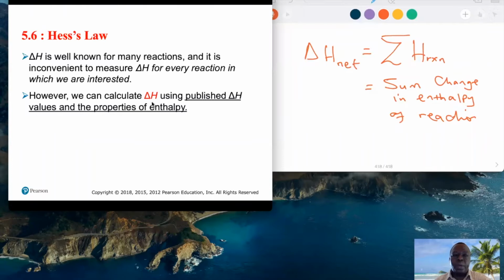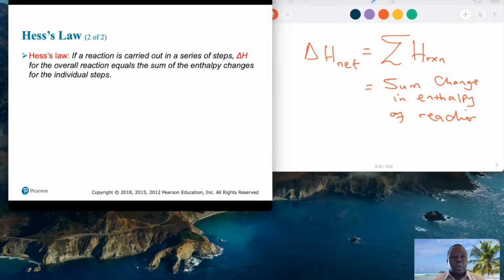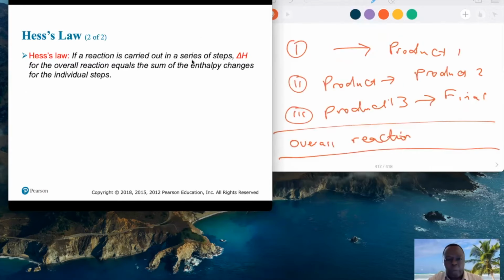We can calculate the overall enthalpy using the individual published values for each of the individual equations involved. So in Hess's law series, if you look at this series, this is the same as equation 1, equation 2, equation 3. In other words, to arrive at the final product, there are their individual reactions.